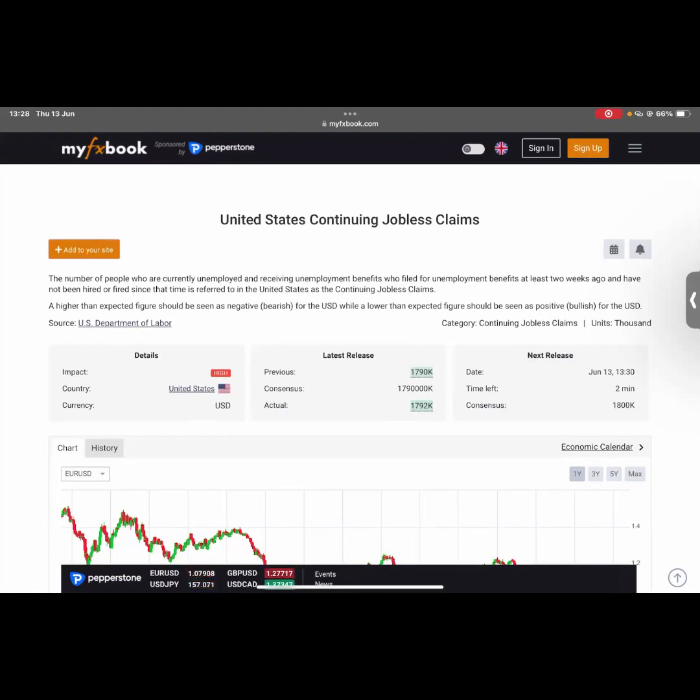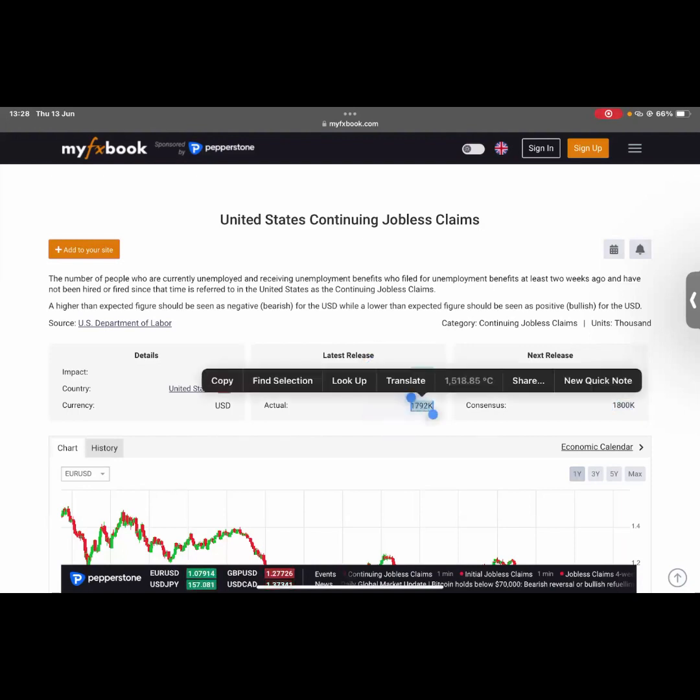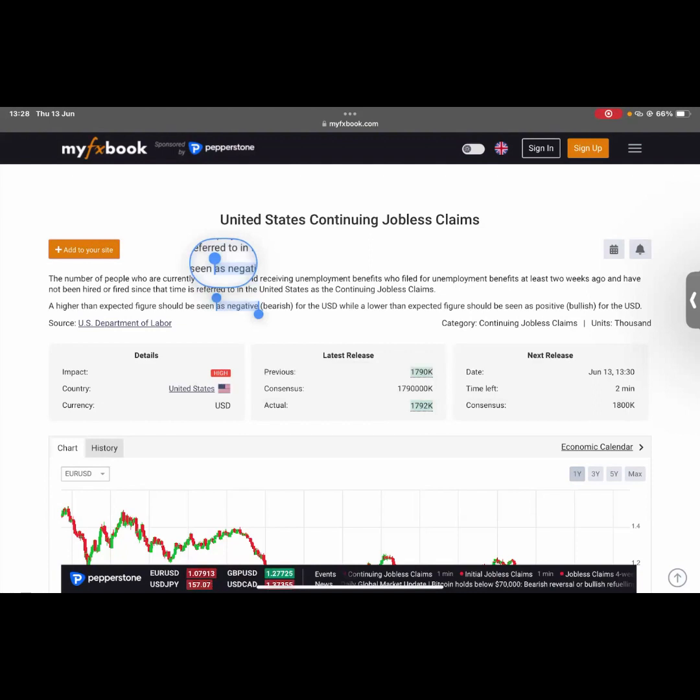So now they say 1792K. A higher than expected figure should be seen as negative for the USD. Now this figure, 1800, is higher than 1792. So that means USD will be bearish. What does it mean? USD is going to be weak. If USD is going to be weak, that means USD pair is supposed to be a buy. That's why I called that trade for buy.